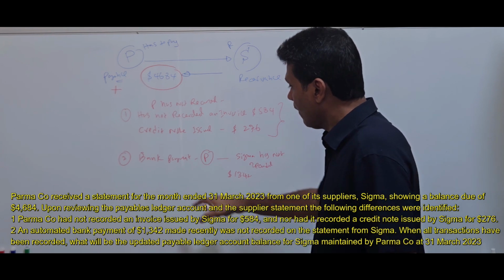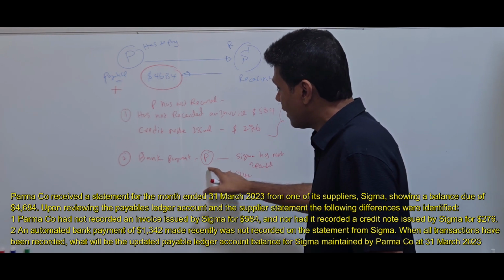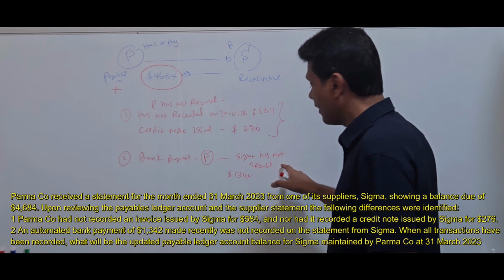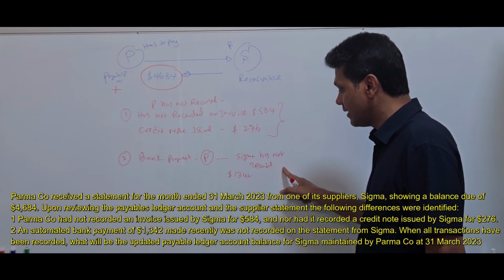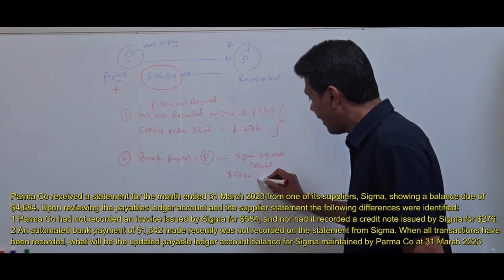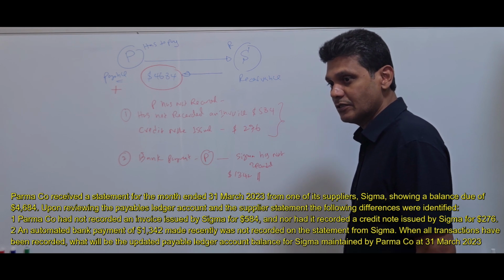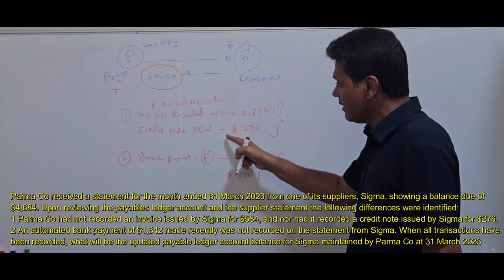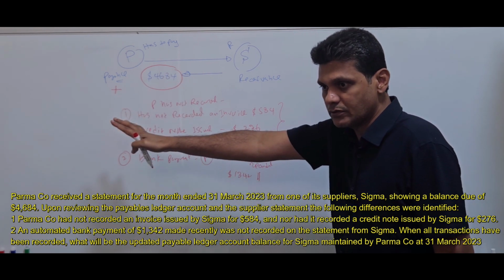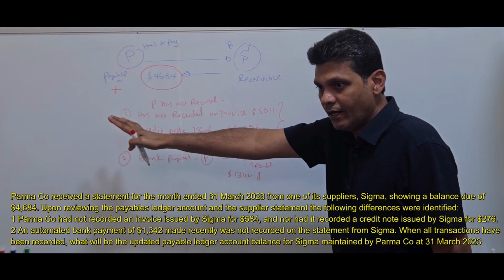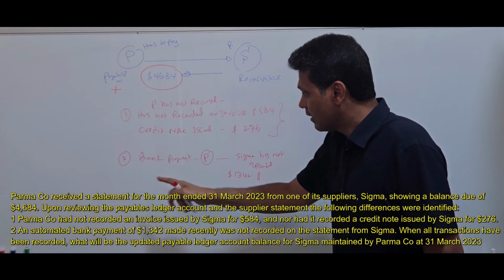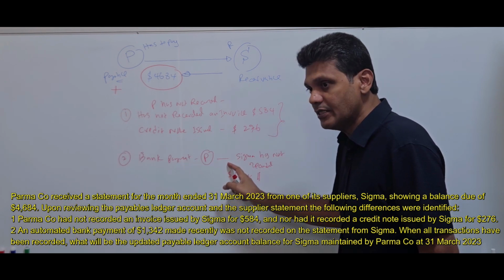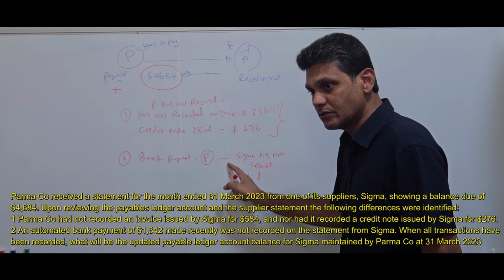Now the bank payment made by P, who has not recorded? Sigma. So Sigma has not recorded this 1342. Now P, considering this, he will adjust his books. He has already adjusted this in his books, right?